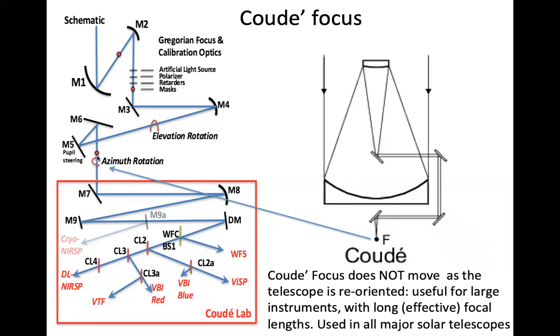This is the focus, and it is always fixed. That allows you to plan for your instrument, which is what you do for solar telescopes, because our instruments are bulky and have a very long focal length, so they take up a lot of space.